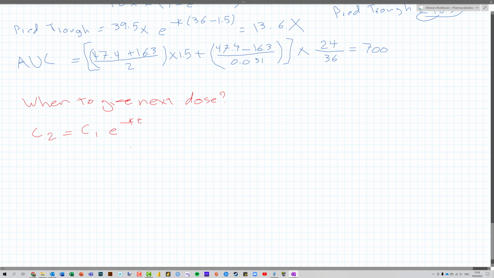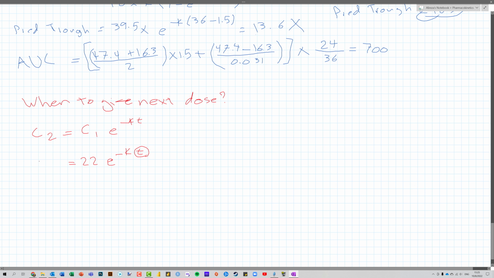Okay, so there are different ways to do this. For example, let's say right now the initial concentration is 22, that's the trough, and given that we know the k, we're interested in t: how long would it take for the level to go from 22 to less than 20?